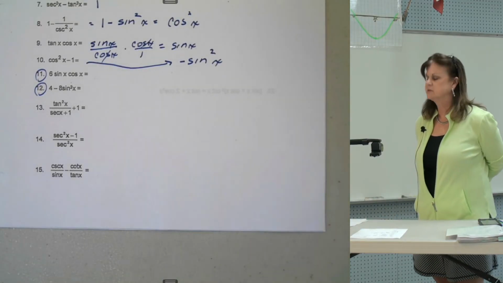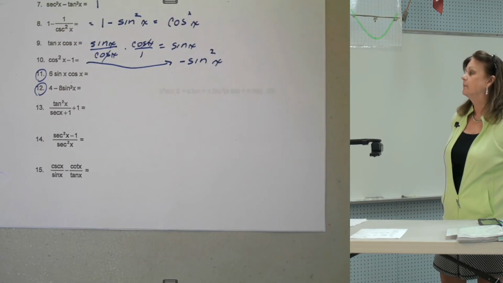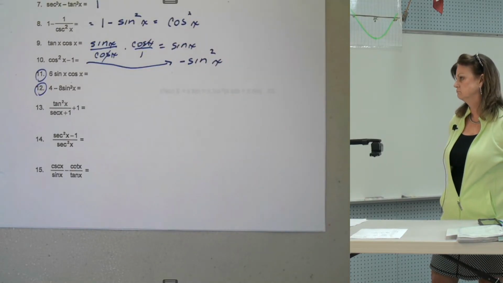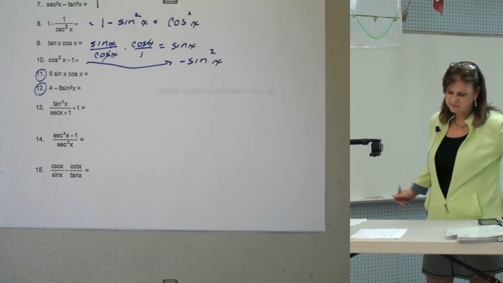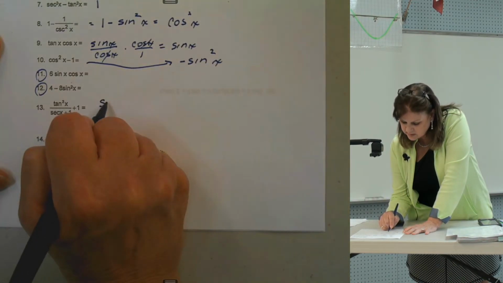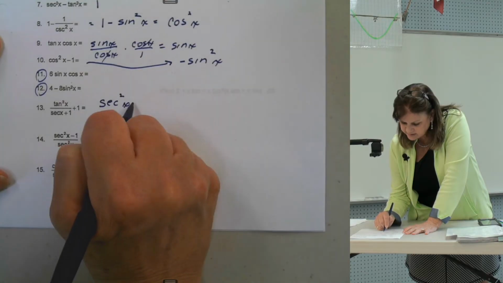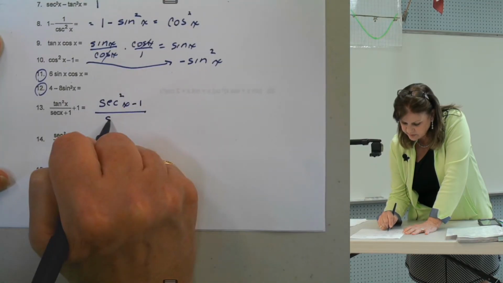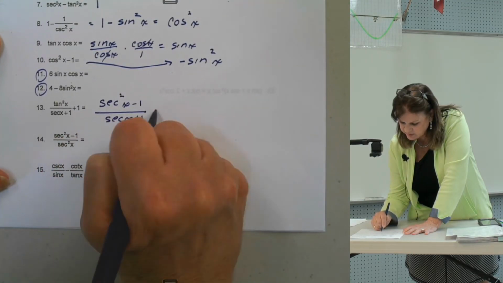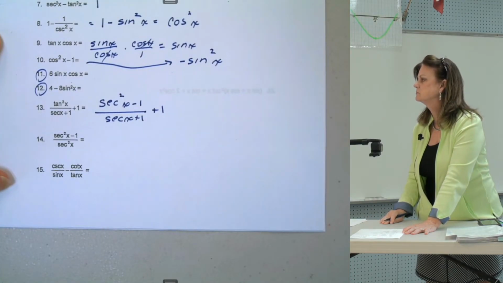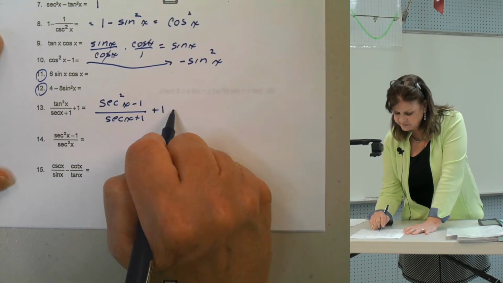Tan squared x over secant x plus 1 plus 1. Well, I know tan squared x is what? Secant squared x minus 1 over secant x plus 1, and it all plus 1. Okay, well, difference of squares.